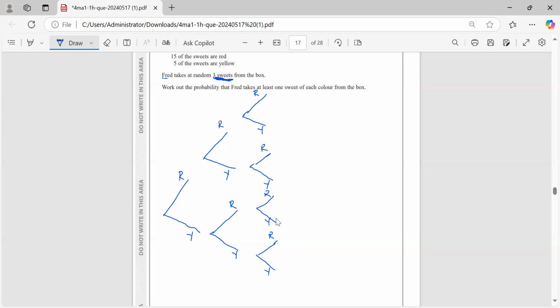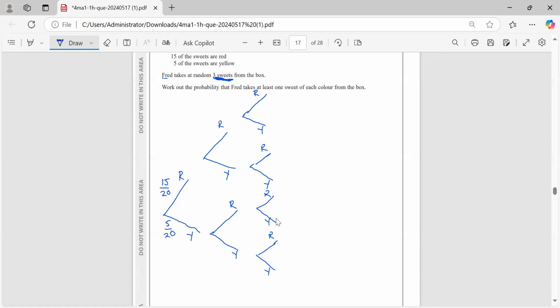All right. So they say that he had 15 red sweets and 5 yellow sweets. So 15 over 20, right? The total number, and then 5 over 20. All right.